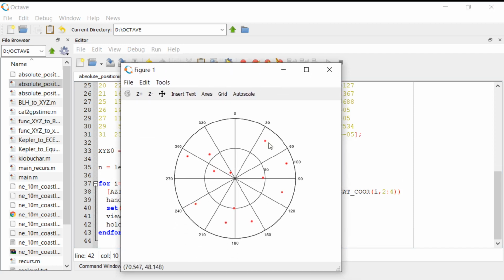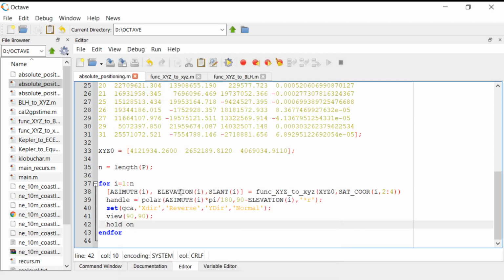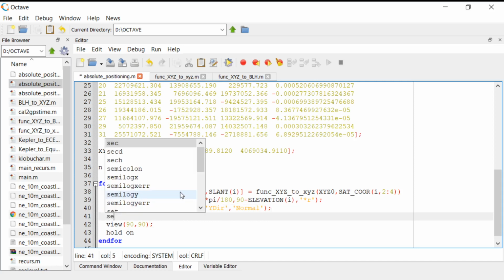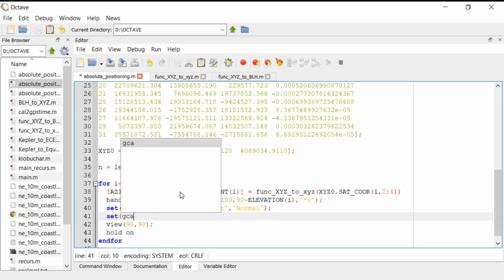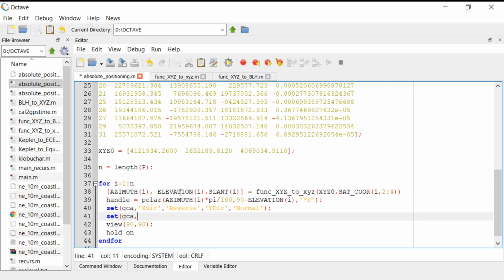The grids, there are two. You see 50 and 100. It is not so good, so let's increase the gridding. The grid intervals should be smaller. For that purpose, let's write down here set GCA, R tick. R means the polar coordinates.